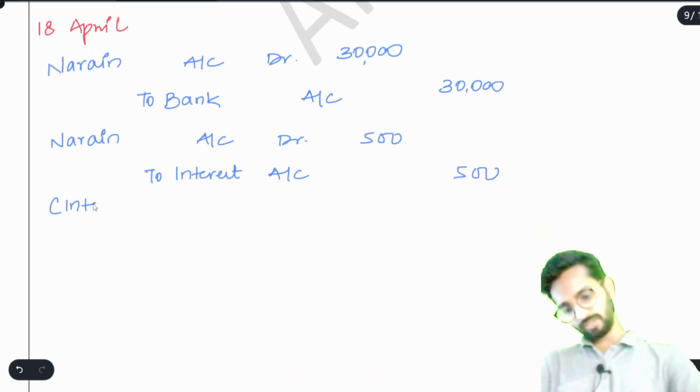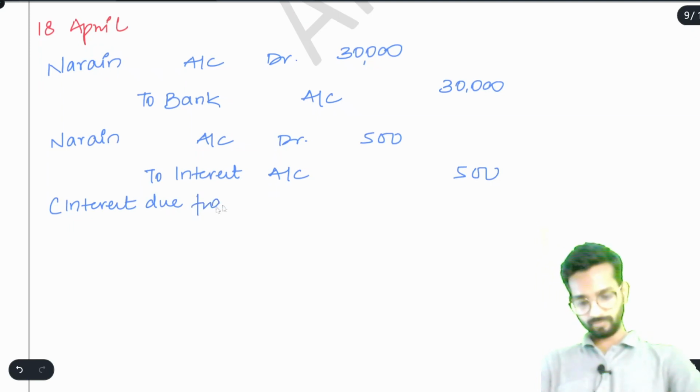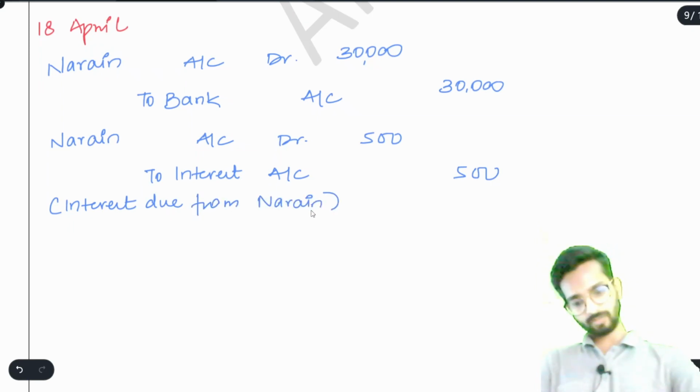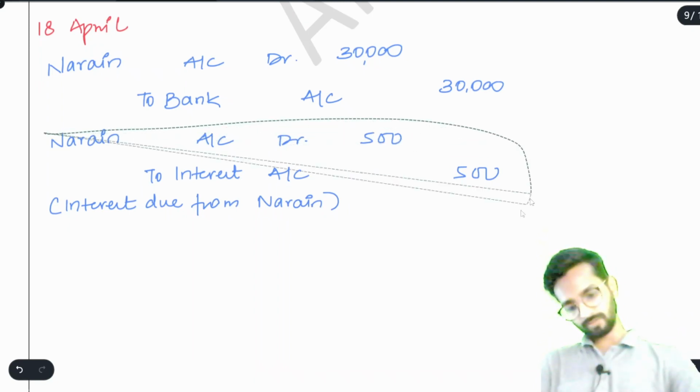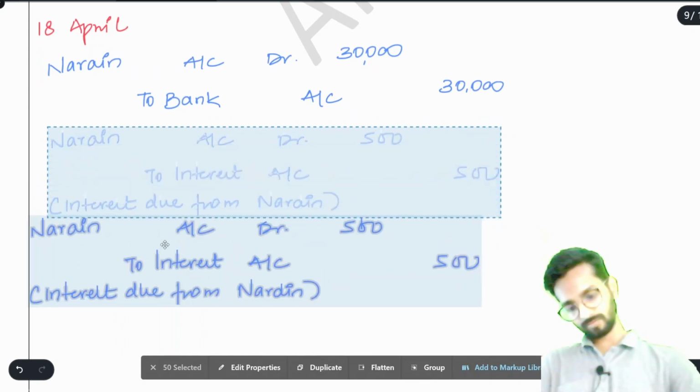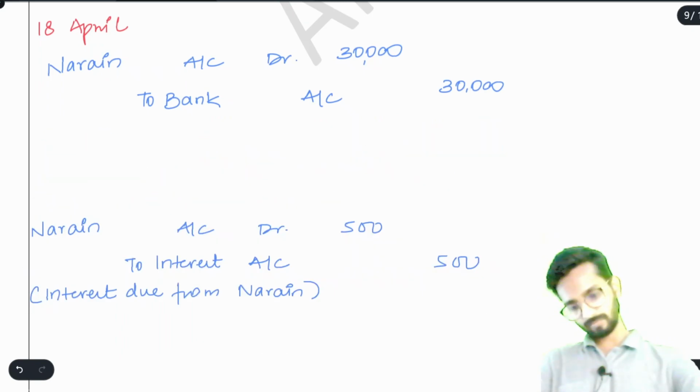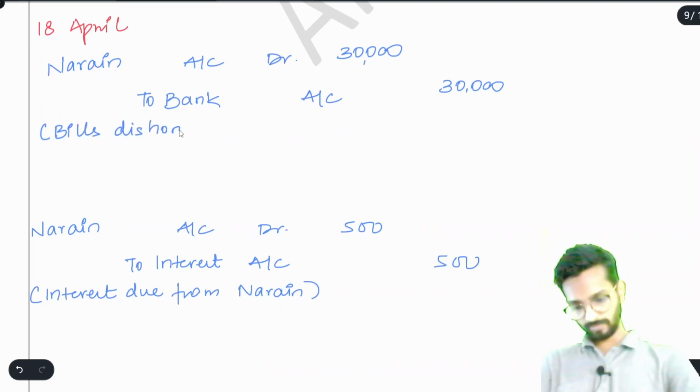This interest income is due, interest due from Narayan. You can write a narration for this also: bills dishonored. Simple enough. This is interest due from Narayan.